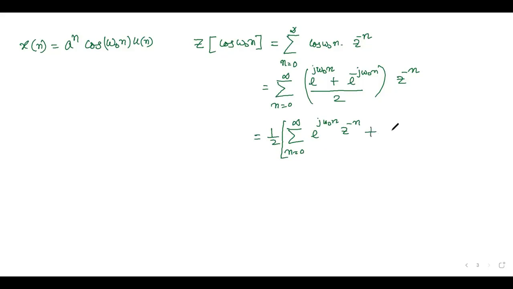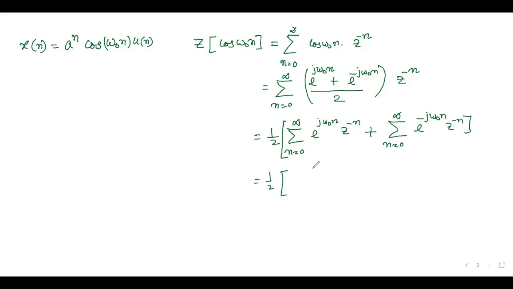plus the summation from n equal to 0 to infinity of e to the power minus j omega 0 n z to the power minus n. All right, so what will be this sum?